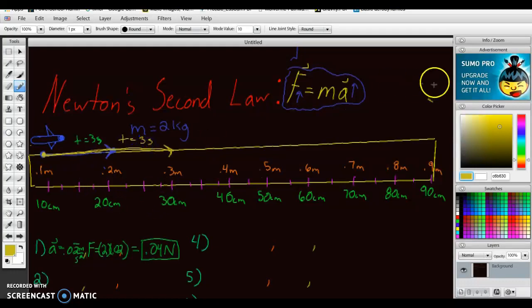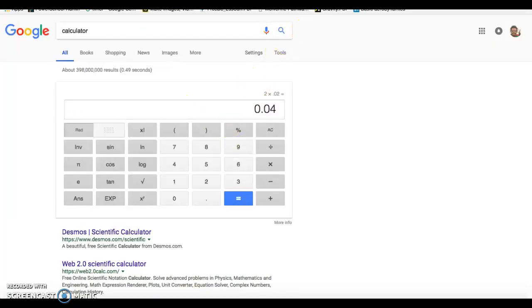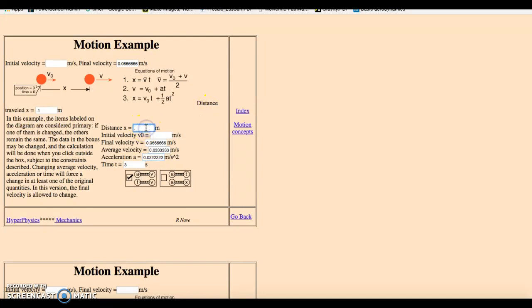So the displacement is 0.2 meters. Put that in, and the acceleration is 0.01.